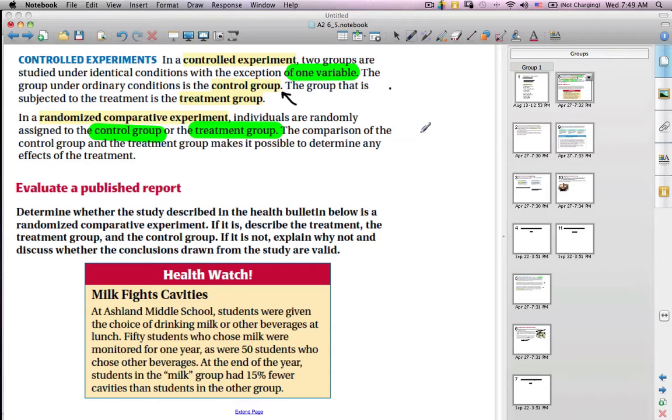Now, it might not be a totally random group because you may want everybody to have a specific medical condition. So you may want to take a look at, say, people with high blood pressure. You don't want people who have normal blood pressure necessarily in that group. So if you take maybe 100 people who have high blood pressure, you randomly assign them to a control group or a treatment group.